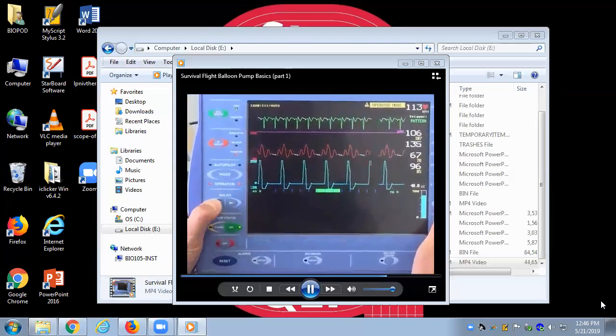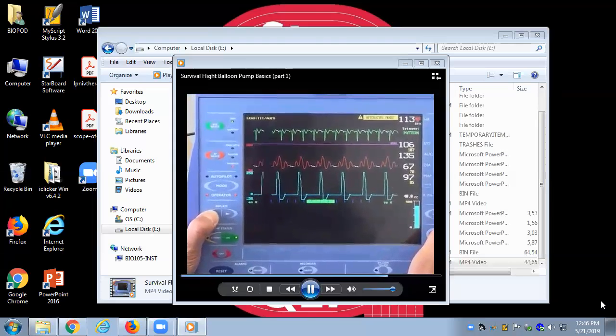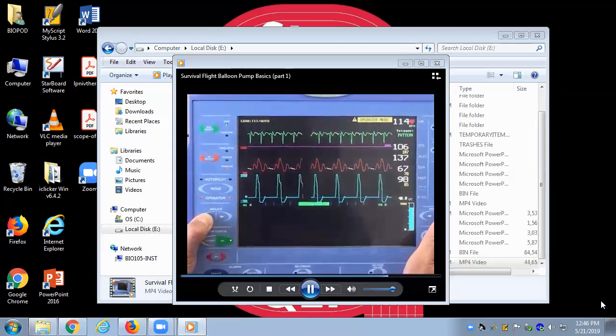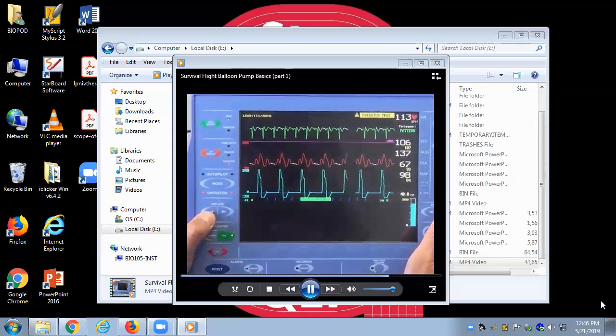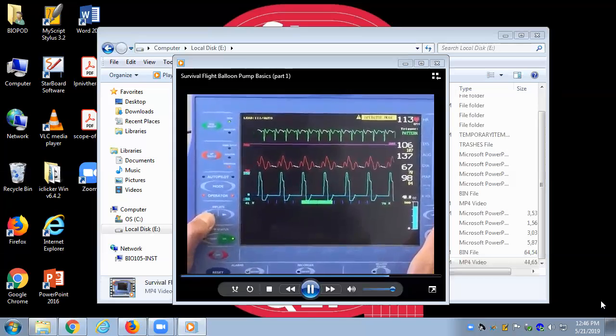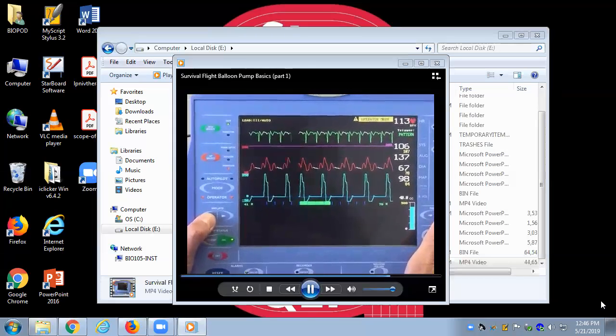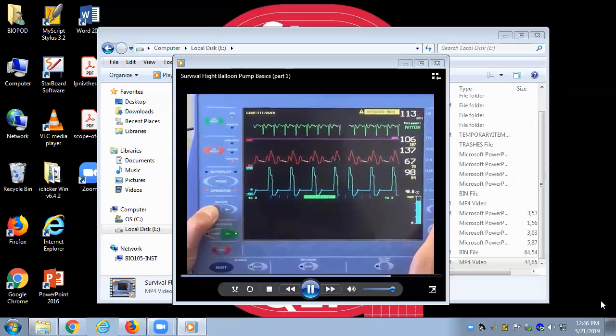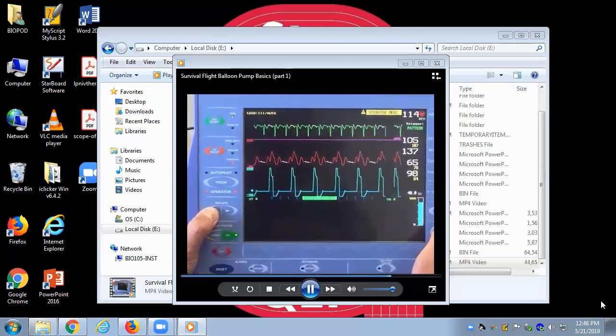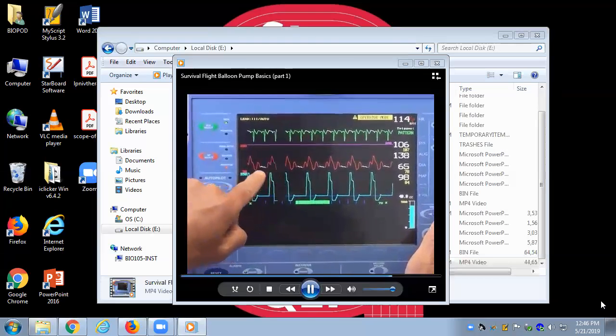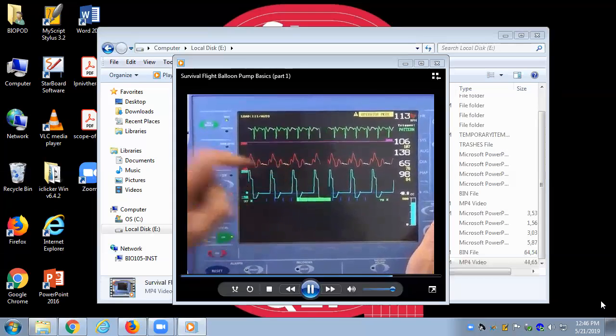So what I'm going to do is set up my inflation a little bit earlier to establish timing with the dicrotic notch. It's going to take a couple of cycles for me to get it right. But again, I'm looking at the white line here.